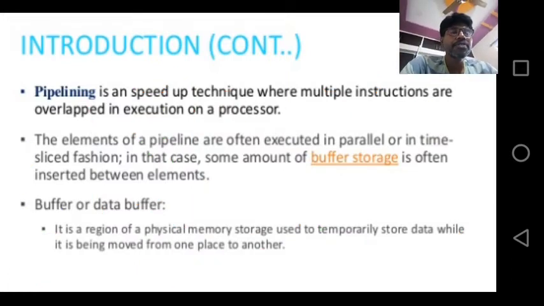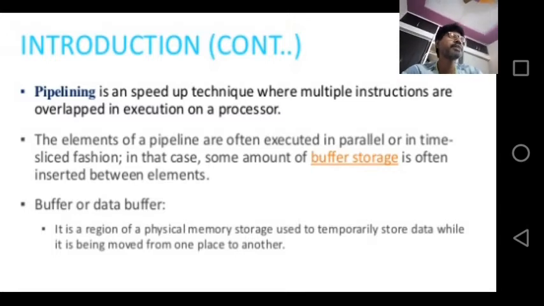The elements of a pipeline are often executed in parallel or in a time sliced fashion. In that case, some amount of buffer storage is often inserted between elements, so they can be executed in parallel.